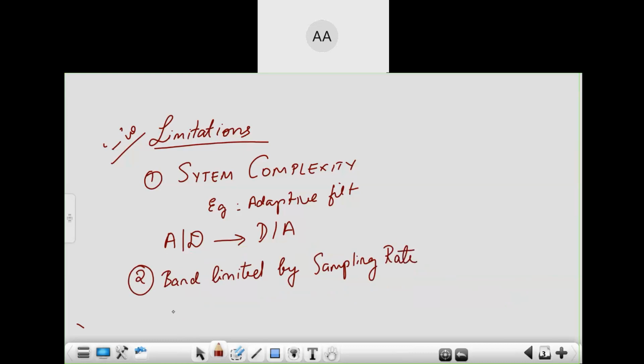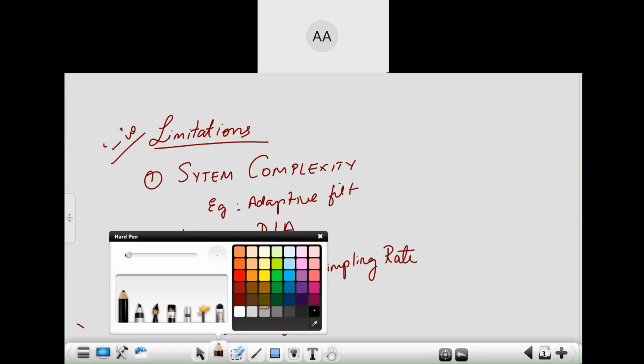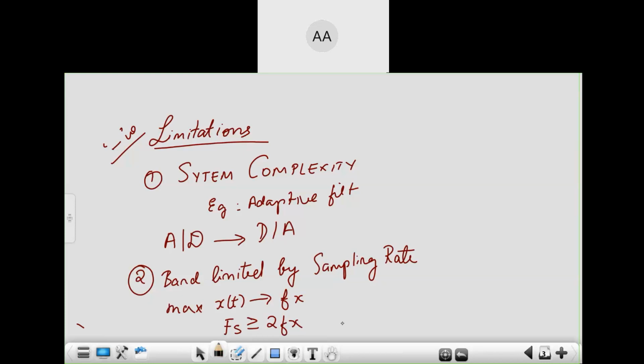Suppose the maximum frequency component of the signal x(t) is f_x, the sampling frequency should be equal to or greater than twice this maximum frequency. This is the Nyquist criterion we are going to follow. But you're always limited to this value. So by doing this, you are band limiting the signal.